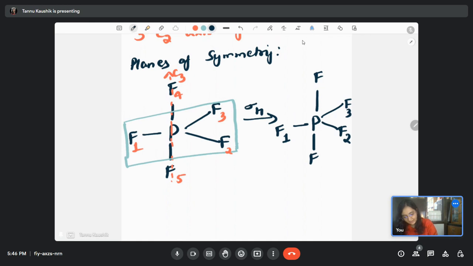The configuration of these three fluorine atoms will not change, but these fluorine atoms will change.